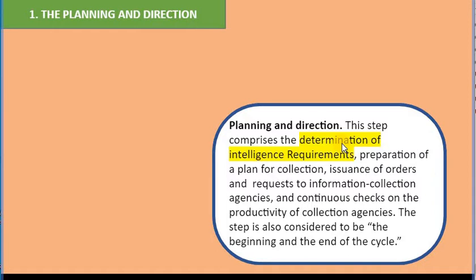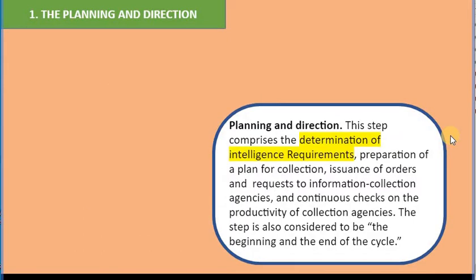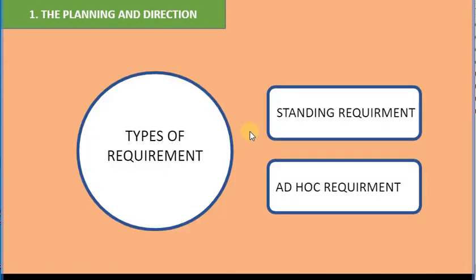All operations become successful when they are planned. This step determines the intelligence requirements. What are the different requirements that we have? The standing requirement and the ad hoc requirement.